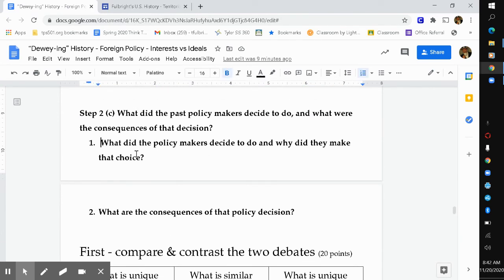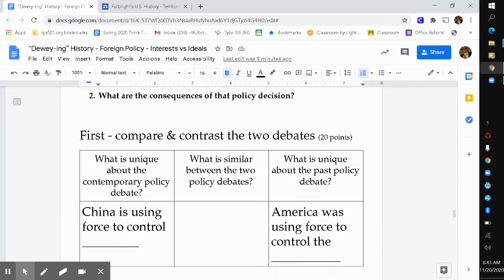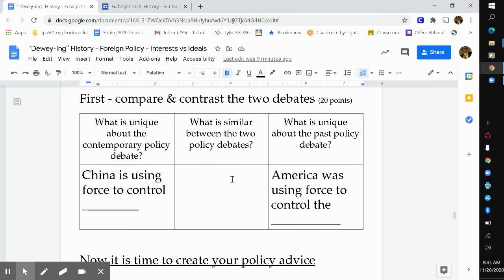So why did we continue to maintain control over the Philippines even though they were fighting against us? Because it benefited us. It helped our trade. It helped American power. What were the consequences? How did America look for doing that? What's the similarity between these two policy debates?